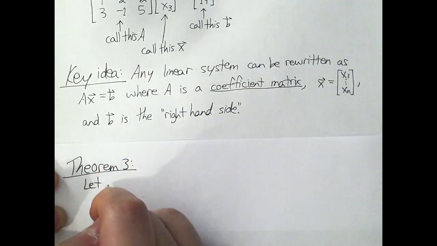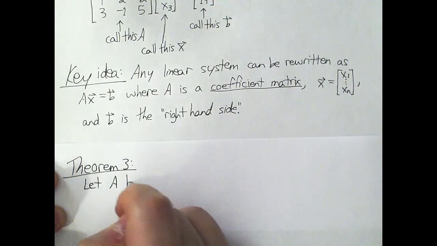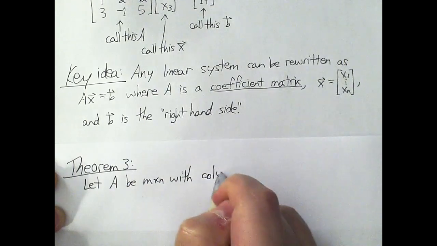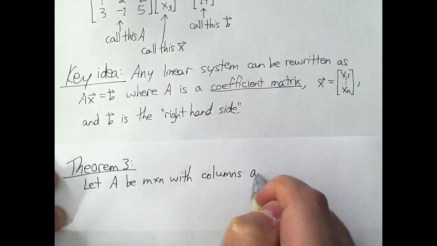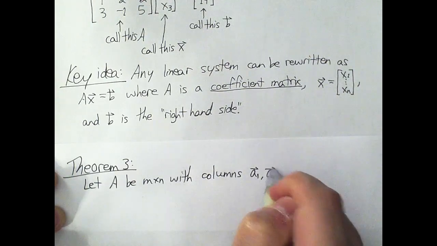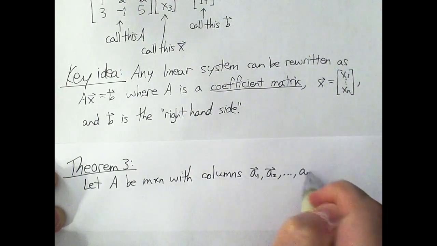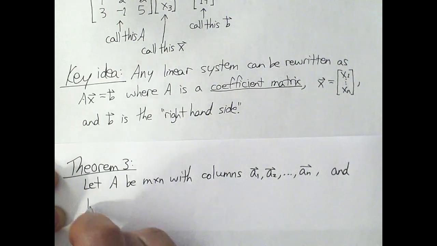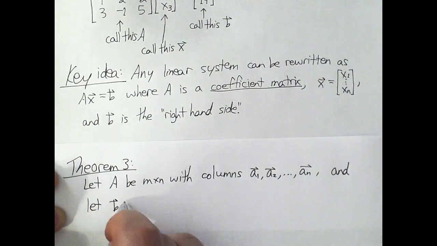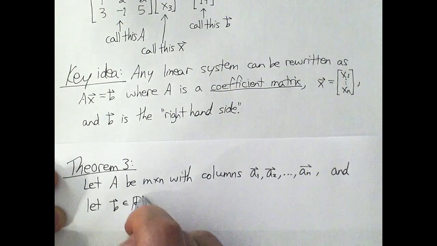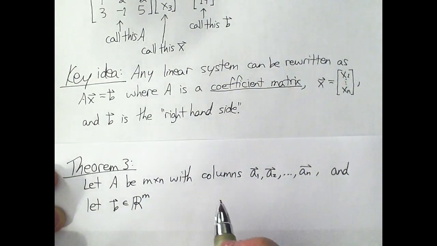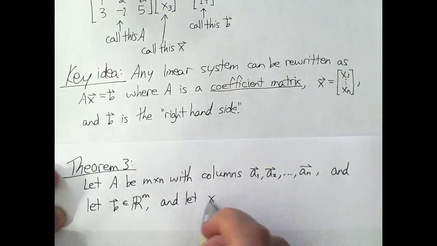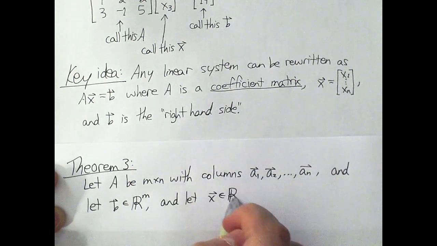And it says, let A be m by n with columns A1, A2, up to AN, and let B be a vector from Rm, make sure that's an M, and let X be a vector from Rn.